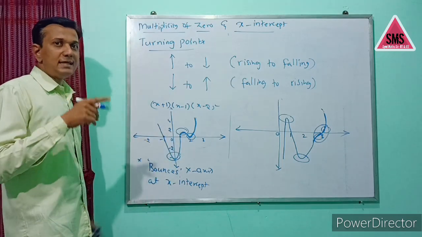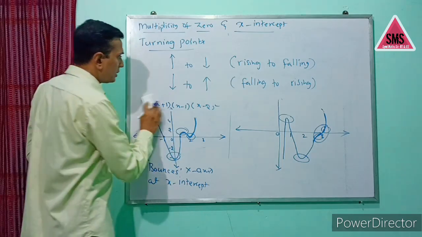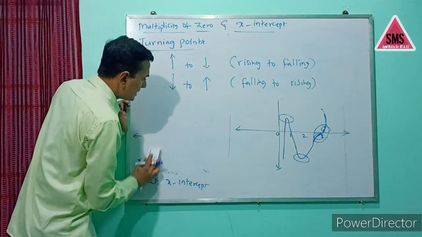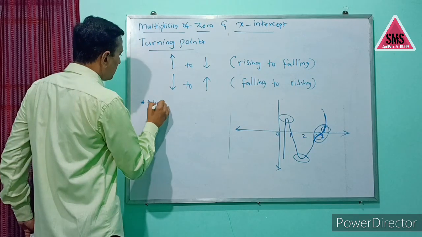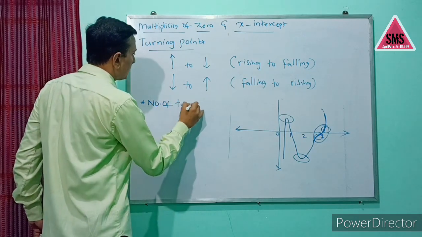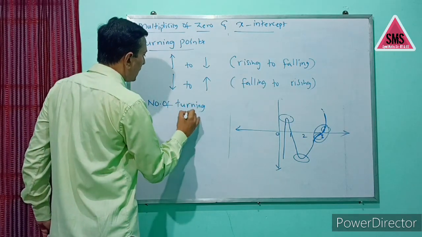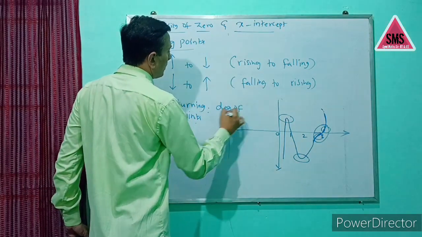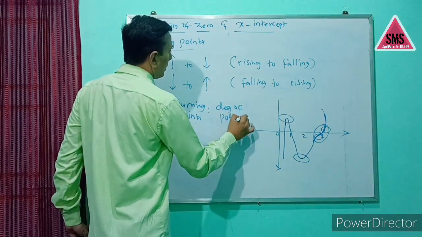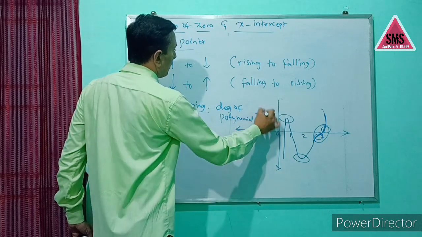That means 1 less than the degree of the polynomial. So we can say that the number of turning points is equal to the degree of the polynomial minus 1.